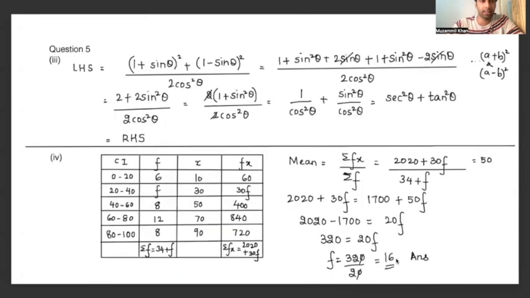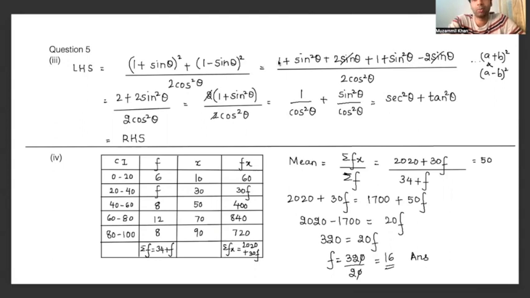These were the answers. Question 5, the third part, again was not at all difficult, a very simple trigonometry proof where you had to just use the algebraic identities a plus b the whole square and a minus b the whole square. And on doing that, as you can see here, 2 sine theta and minus 2 sine theta would get cancelled.